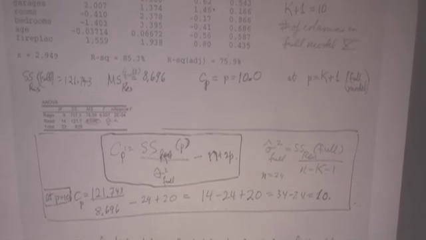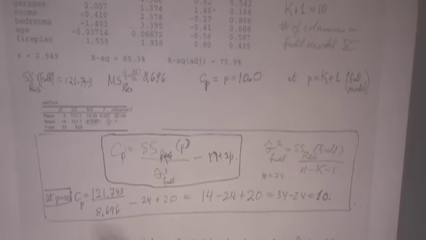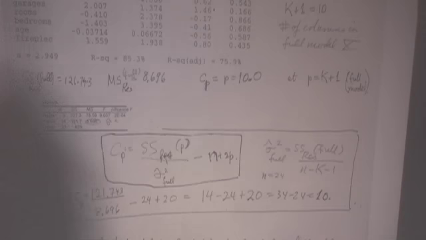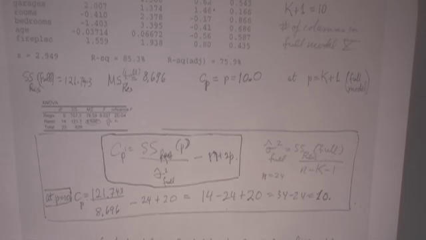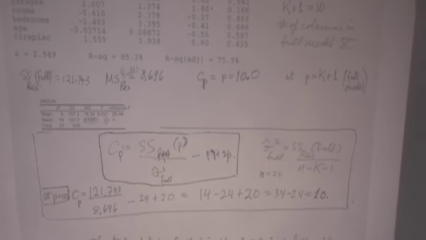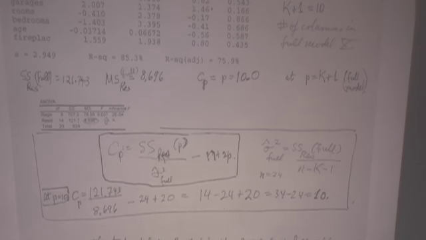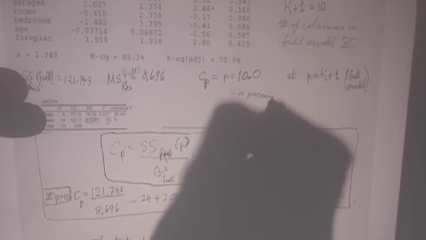Okay, so I want to try to make CP small. Okay, so here the CP for the full model is simply the number of columns of the full model X matrix, the number of parameters in the full model. So P for parameter if you want.